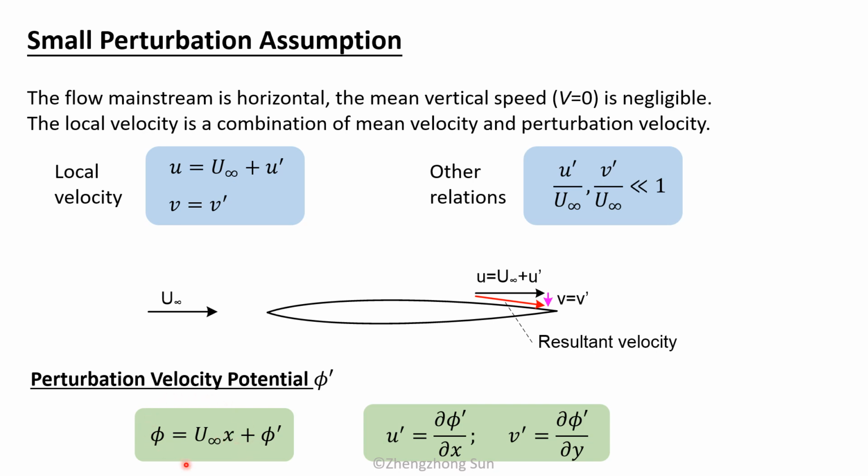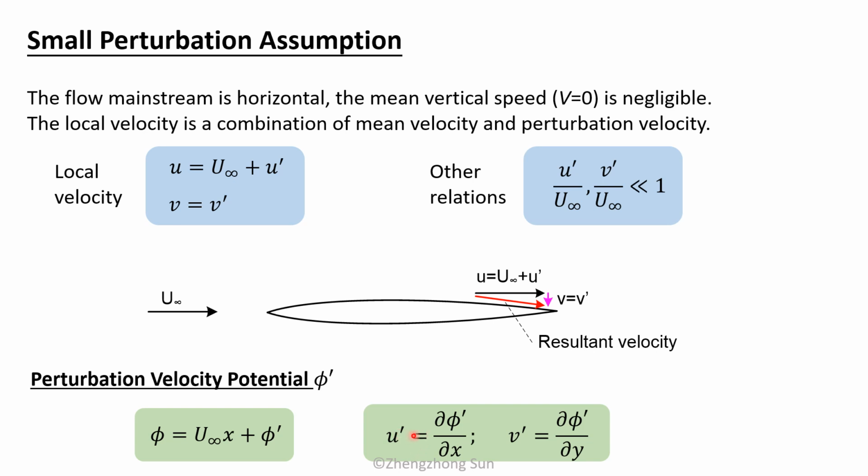And this is derived through the first equation. So we can treat u as partial phi partial x, and u prime is partial phi prime over partial x. And then we do the integration, and we'll have this relation: phi equals u infinity times x plus phi prime.